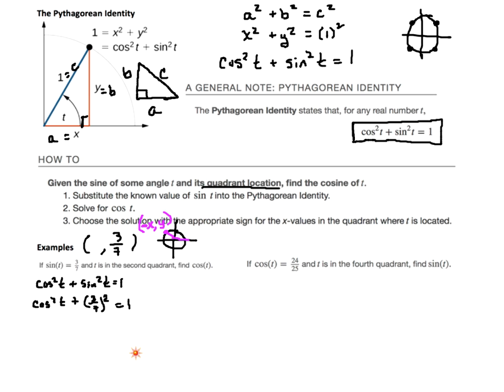And that is equal to 1. Cosine squared t plus, well, when I square a fraction, I square the numerator, square the denominator. So that's 9/49 equaling 1. Here I'm going to subtract 9/49 from both sides.